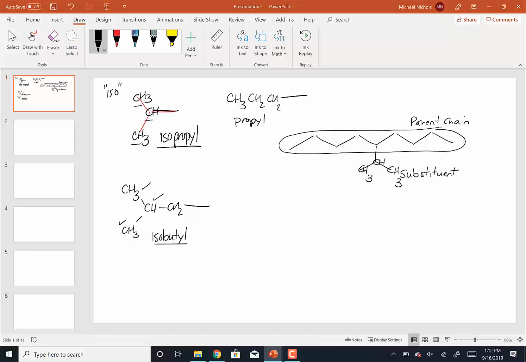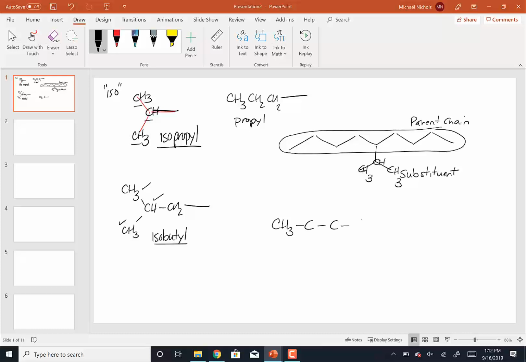If something doesn't make sense with all of this stuff, you got to yell. Would you say there's no iso group? Well, then we're left over with sec and tertiary. So for instance, butyls. Straight chain butyl, butyl. Isobutyl, isobutyl. What happens if I take my butyl group?